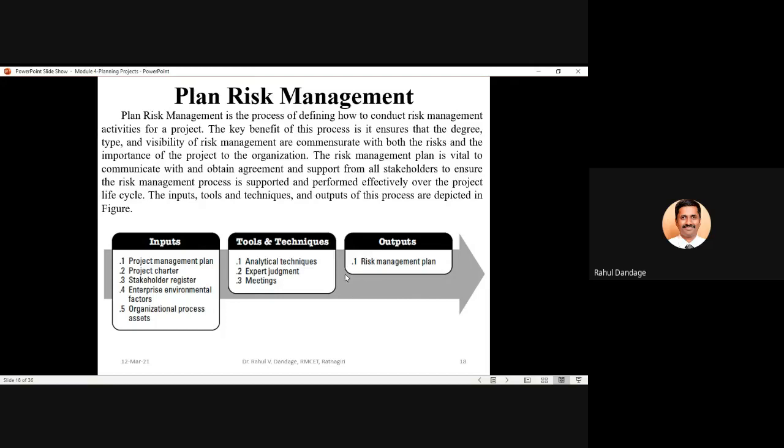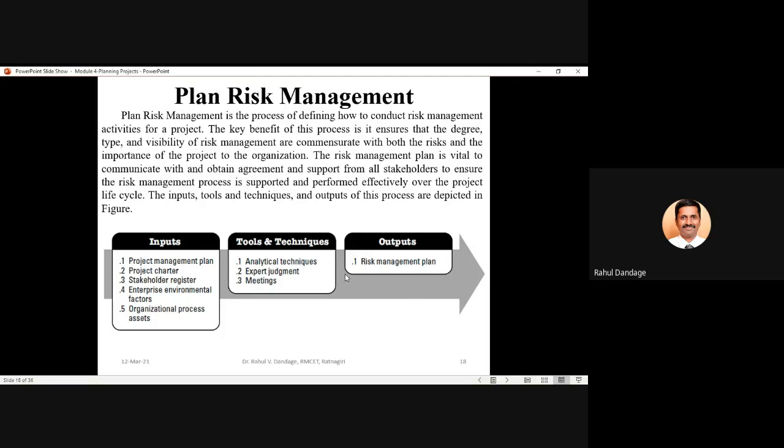So when you prepare this document of planning the risk management, or this risk management plan, this plan must be shared and communicated to all the stakeholders, and their agreement and support must be ensured, because to execute this risk management process, you will need the support of the stakeholders, certain resources, and certain technical help.